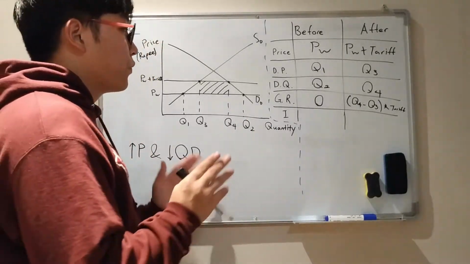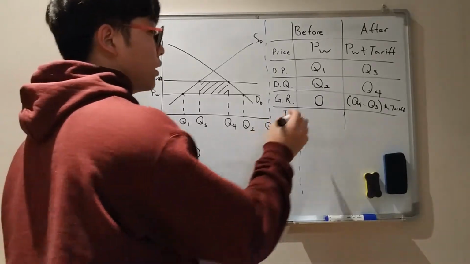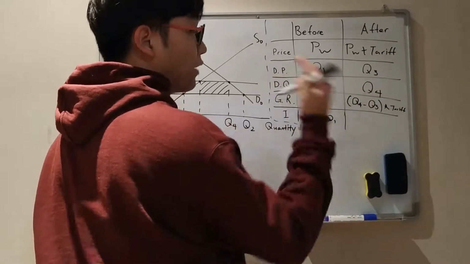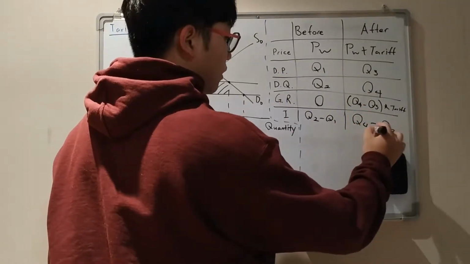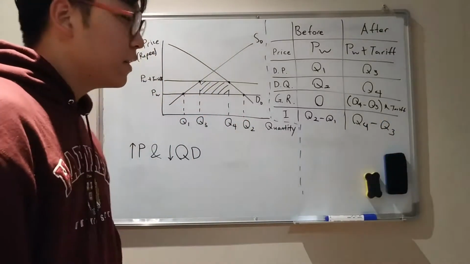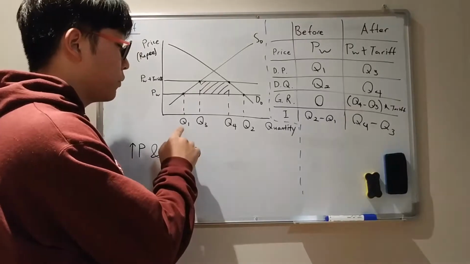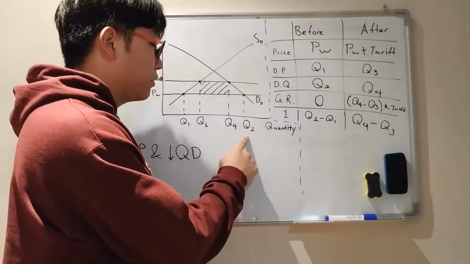All right, moving on to imports. So before, the import quantity was at Q2 minus Q1. And after the tariff, it's going to be Q4 minus Q3. Now, why is this? This is because before, the domestic production was at Q1 and the domestic quantity demanded was at Q2.